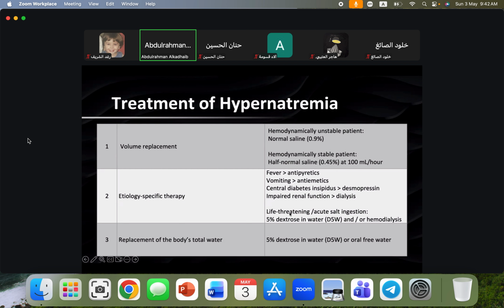And in very rare cases, the one we talked about, which is the acute salt ingestion, we usually dilute the hypernatremia again with 5% dextrose or hemodialysis. Once we are done with the second step, we should move on to the third and last step, which is basically the replacement of the total body water.